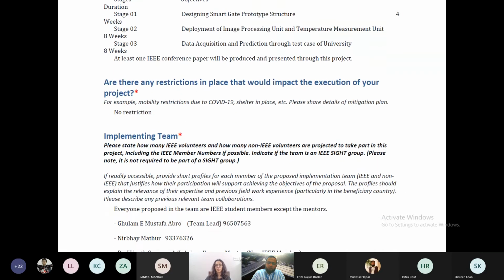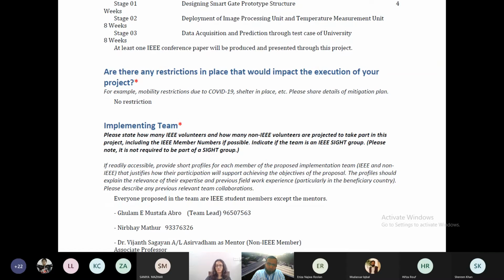After that, do you have any restrictions? Yeah, at that moment there were restrictions, but I never mentioned over there what the restrictions were. At that time there was a lockdown. During lockdown, we were not allowed to go within the department.